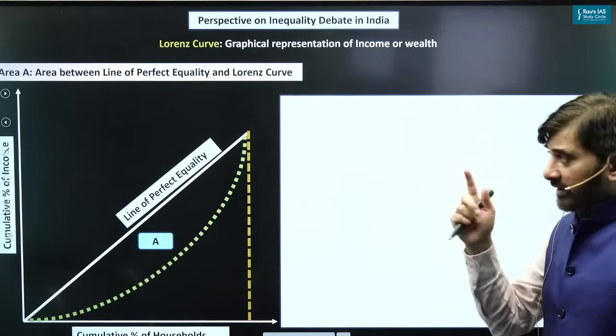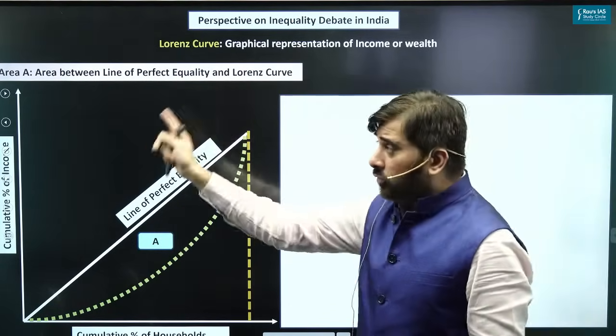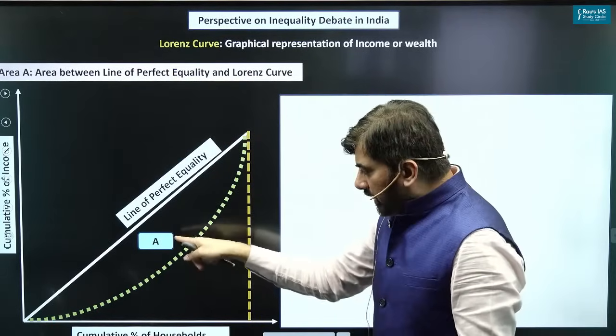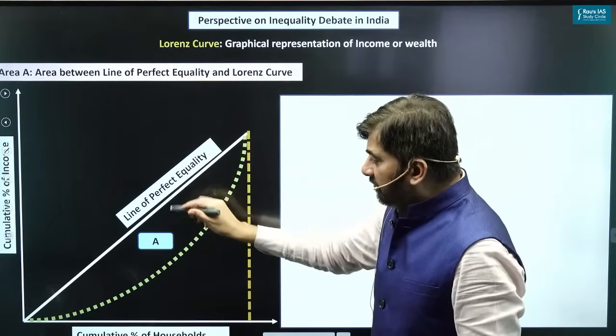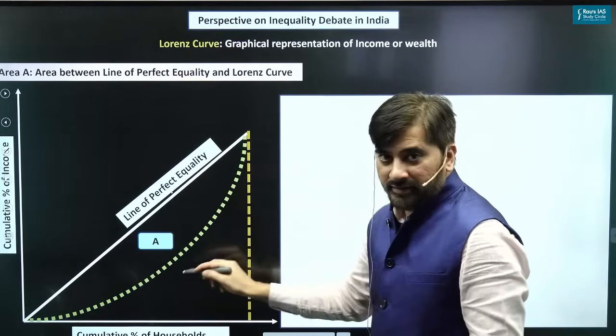For that, you first have to understand two concepts. Area A. Area A here is the area between the line of perfect equality and the Lorentz curve.